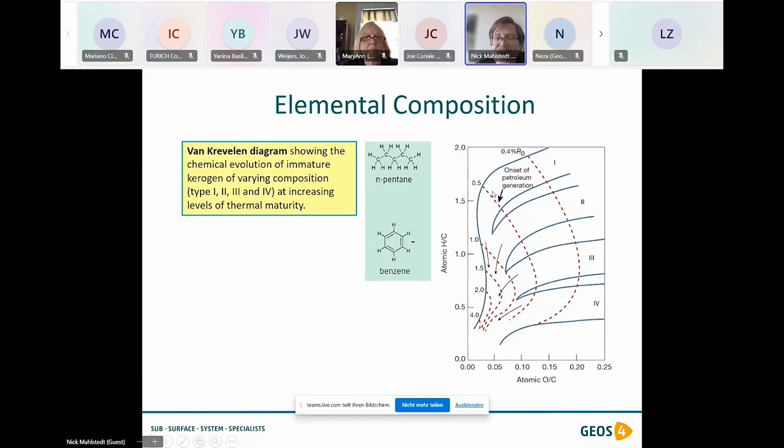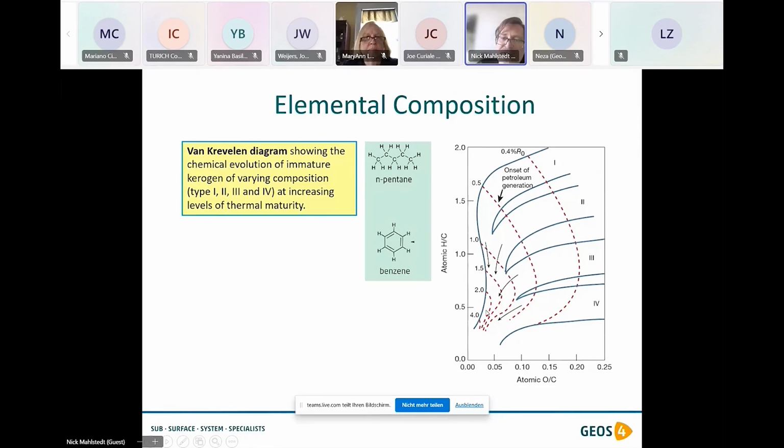Then during catagenesis, up to 2% vitrinite reflectance, the hydrogen over carbon ratio decreases to roughly 0.6, not percent, but 0.6, by the cracking of the least stable bonds to more stable bonds, and generating petroleum, aliphatic petroleum for type 1 kerogen, and more aromatic petroleum perhaps for type 2 to 3 source rocks.